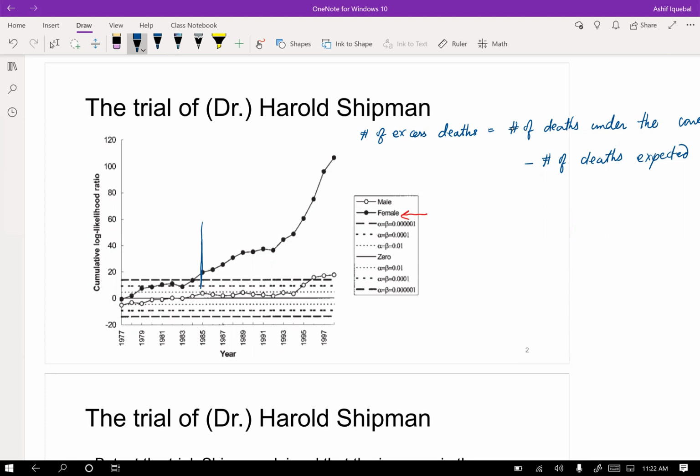In fact, in 1998, Harold Shipman was convicted of killing more than 200 patients, mostly women. Now, at that time, there was no control chart. People did not use control charts, especially in healthcare.